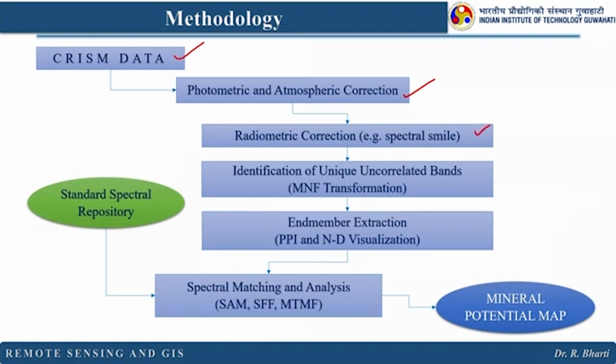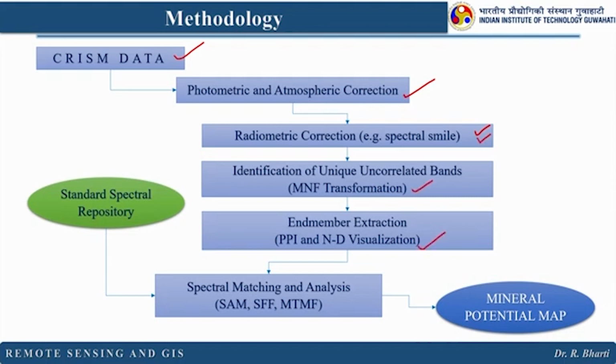Once your data is corrected for these errors, you can use it to derive the end members. I hope you remember the basics of hyperspectral. We have to derive the end members from the image, then only can we resolve that image derived end member with respect to the spectral library to derive the composition, right?